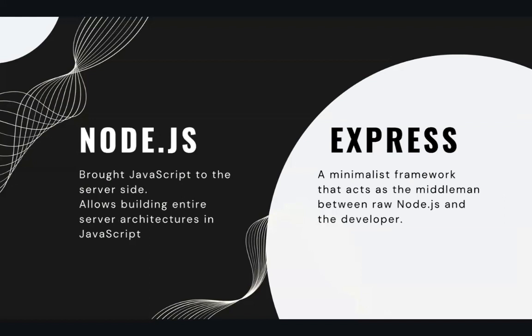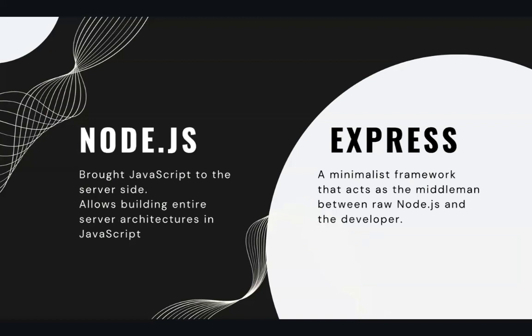Now, with the help of Node.js, not only can we create interactive front-end experiences, but we can also build entire server architectures in JavaScript. Node.js represents a paradigm shift, bridging the traditional divide between front-end and back-end development.